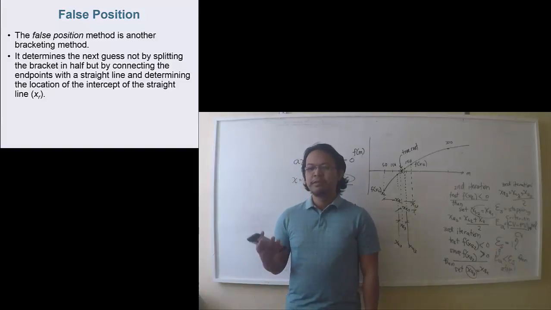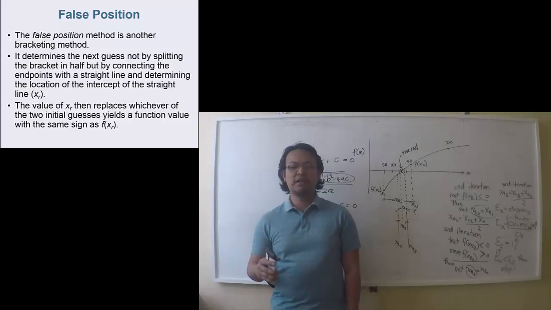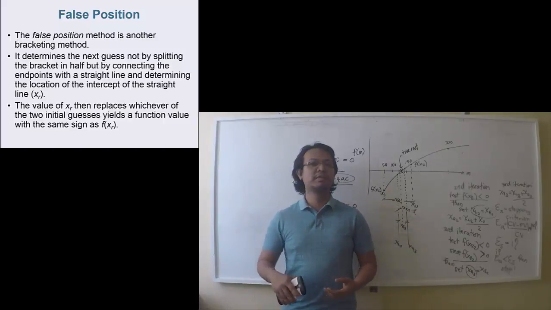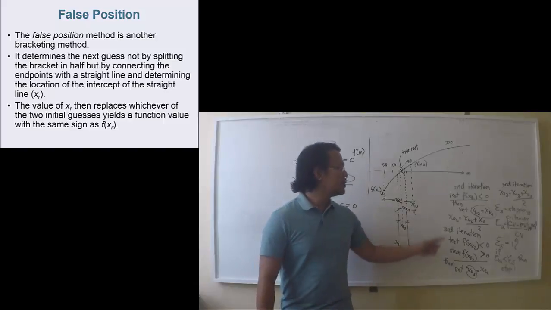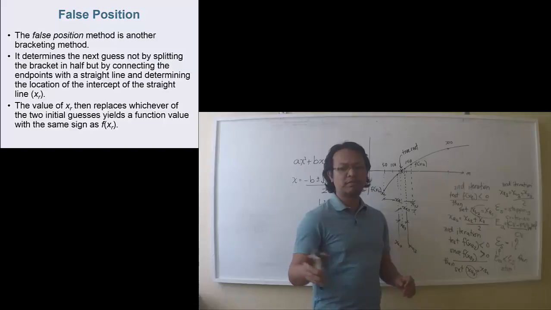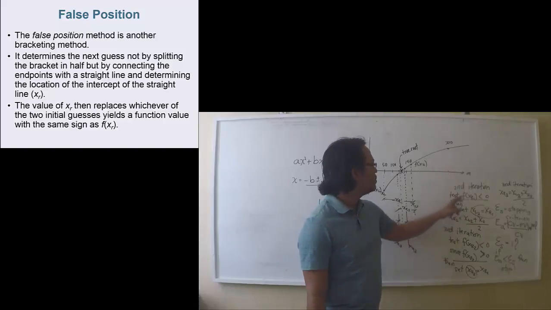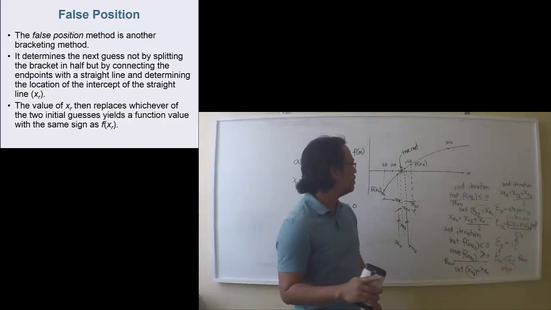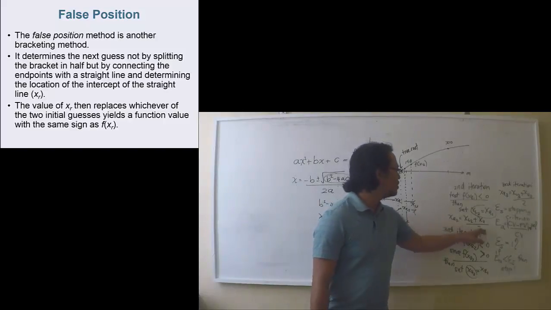Okay. So the value of XR then replaces whichever of the two initial guesses yields a function value with the same sign as f of XR. So the conditions here in the bisection method are very similar to the false position method. The only difference between the bracketing and the false position method is the computation of the root here.